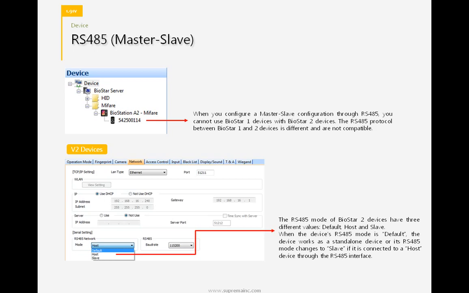If I give an example, previously in version 1 devices, if you wanted to connect two devices, one device as a host, another device as a slave, because by default all our devices came in host mode, what you had to do is connect the slave device to BioStar with the LAN cable and change its connection mode to slave and change another device to the host, and then you disconnect it from the network, you configure the RS-485 and then connect the host and slave, which was very inconvenient.